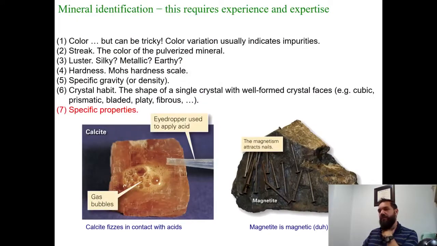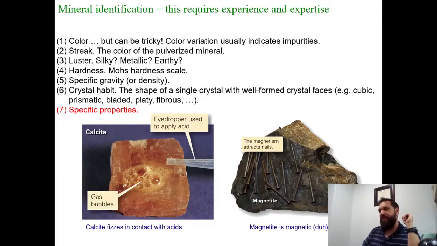All right, number 7 is, I should have made this number 8, but that's okay. Specific properties. These are properties that are just kind of random, different properties. So, for example, calcite reacts with HCl, reacts with acid.